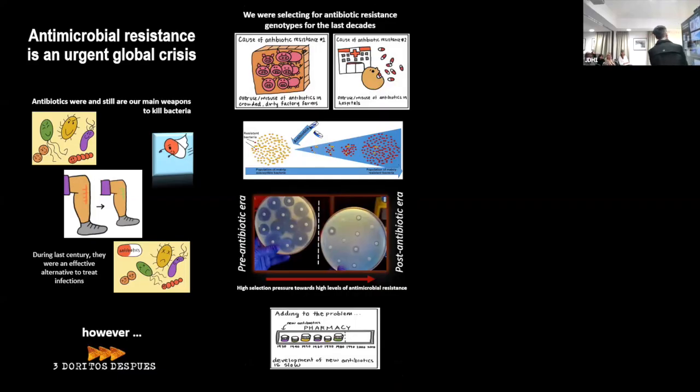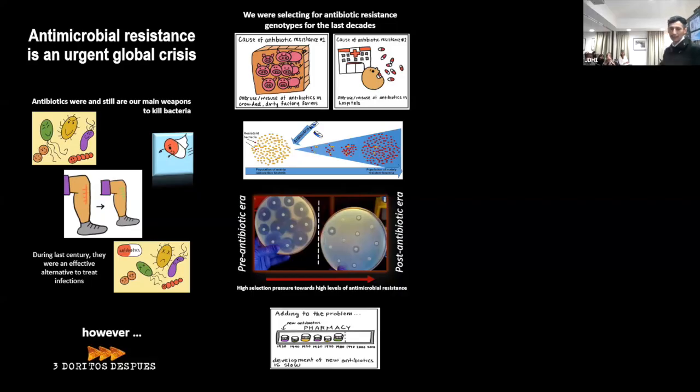We select for the rarest mutants in the population, and we move from a low level of antimicrobial resistance to a high frequency of those genotypes in the population. So we are moving from just 80 years ago, a pre-antibiotic era, towards a post-antibiotic era, where antibiotics are not able to kill bacterial pathogens.